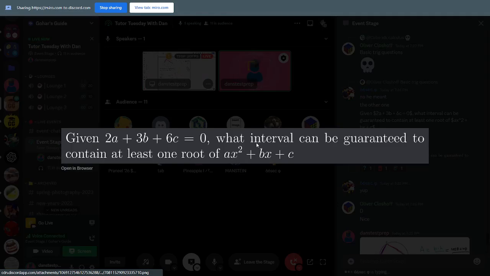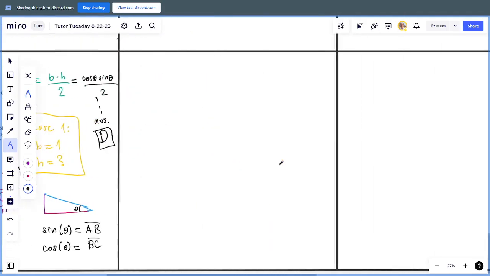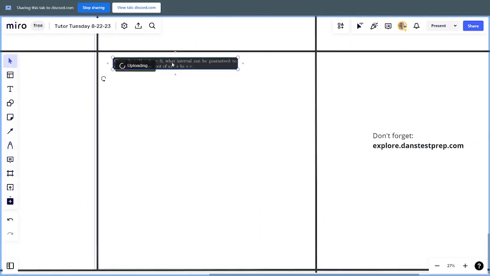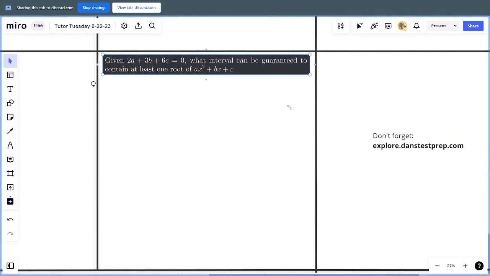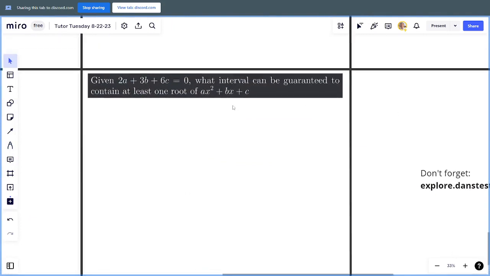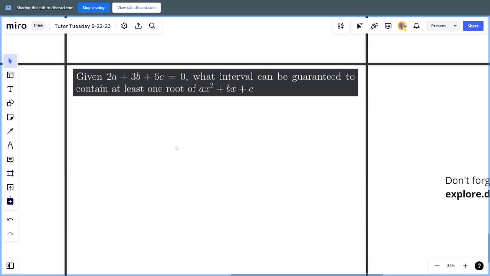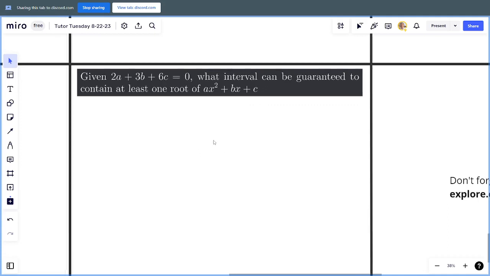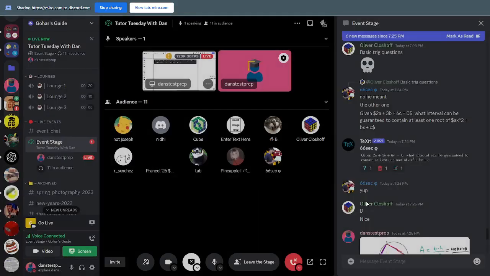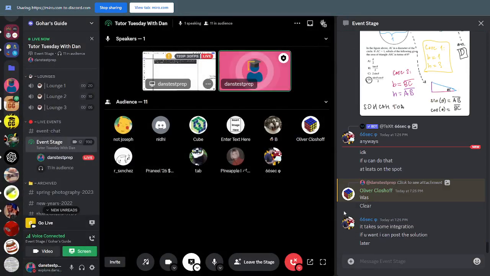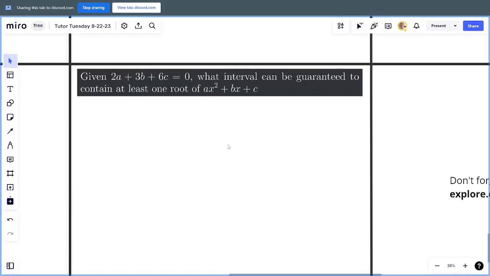Okay, let me see this calculus problem. Maybe this will be our last one. Given 2a plus 3b plus 6c equals 0, what interval can be guaranteed to contain at least one root of ax squared plus bx plus c? Man, I don't know. It takes integration. Oh, yeah, maybe we should post a solution later.